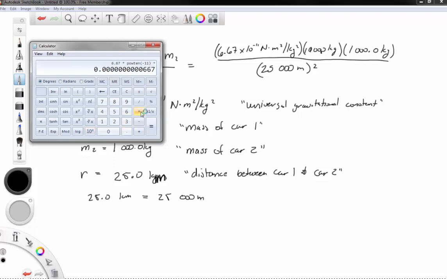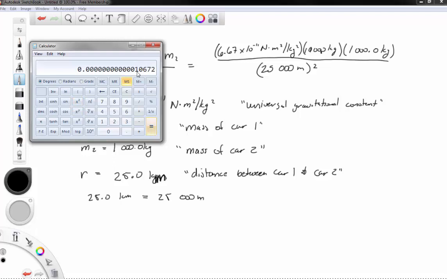Now we multiply that by the first 1,000, so that's this term, and we multiply that by the next 1,000, so that's this term. Then we're going to divide that by 25,000 squared, which is this.